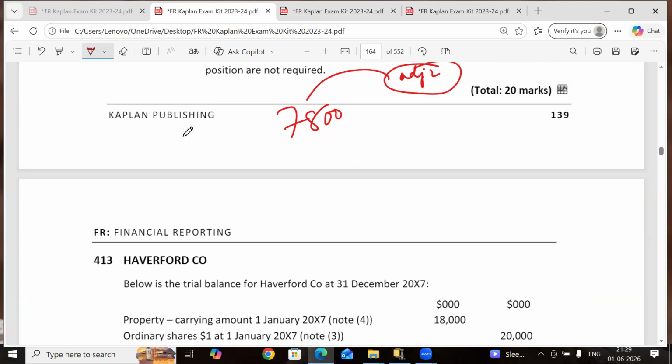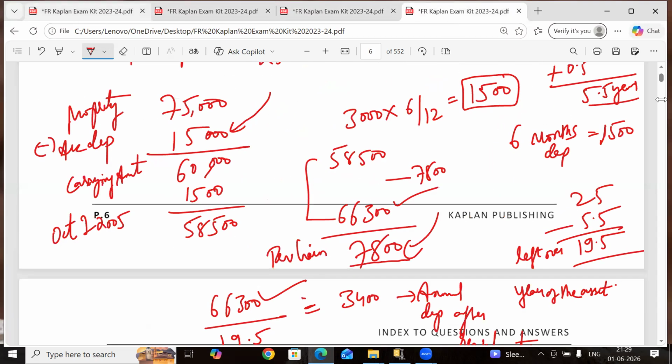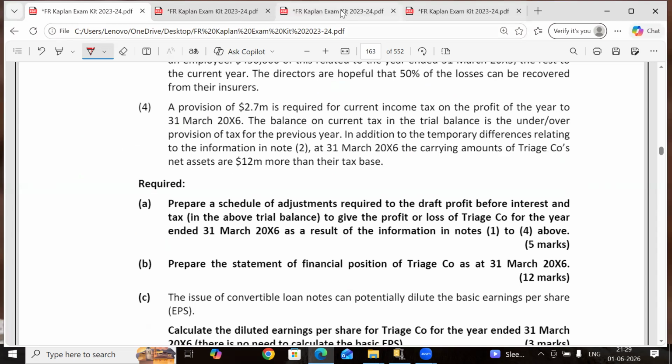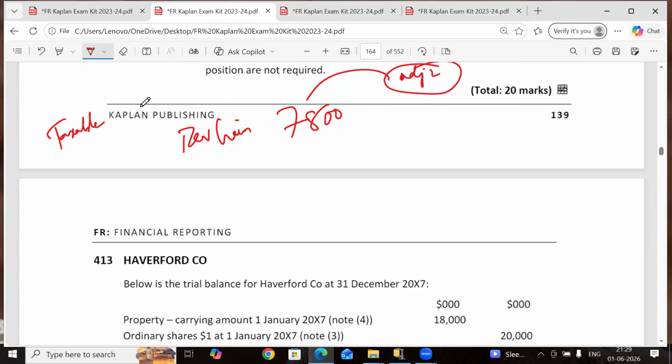This revaluation gain also will create a taxable temporary difference. Why will this create a taxable temporary difference? Sorry, it will create a temporary difference which would be taxable, or DTL.